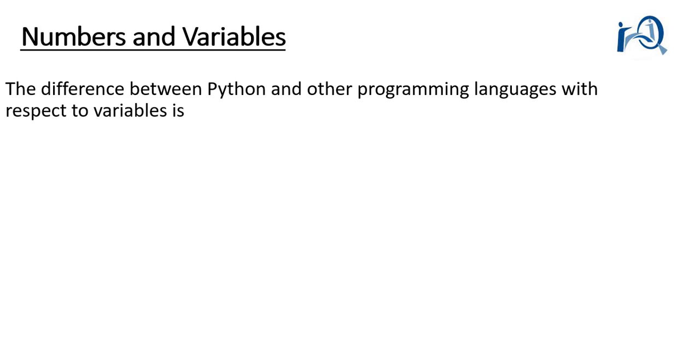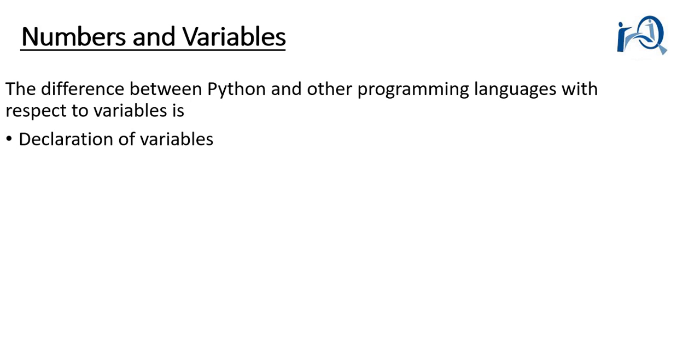The difference between Python and other programming languages with respect to variables is pretty important. In other programming languages we declare the variables. Once the declaration is done, memory is allocated depending on the data type. So the user should be very sure what type of variable he wants to declare.